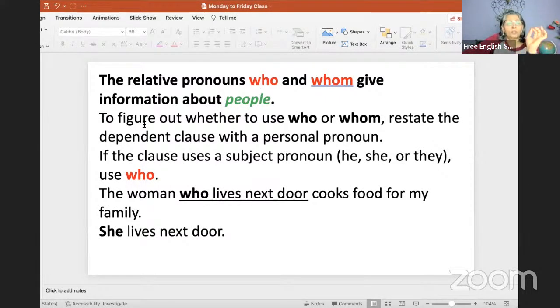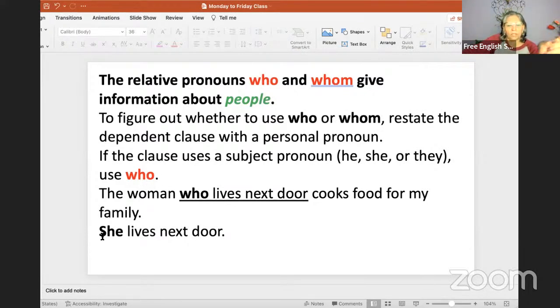Okay, to figure out whether to use who or whom, restate the dependent clause with a personal pronoun. Restate it, look again at how it is being used. If the clause uses a subject pronoun, he, she, or they, then use who.